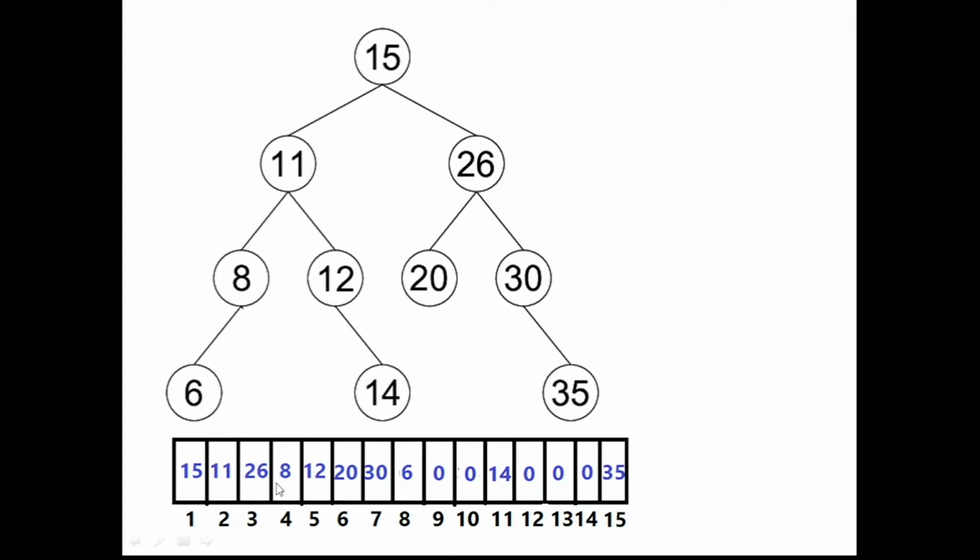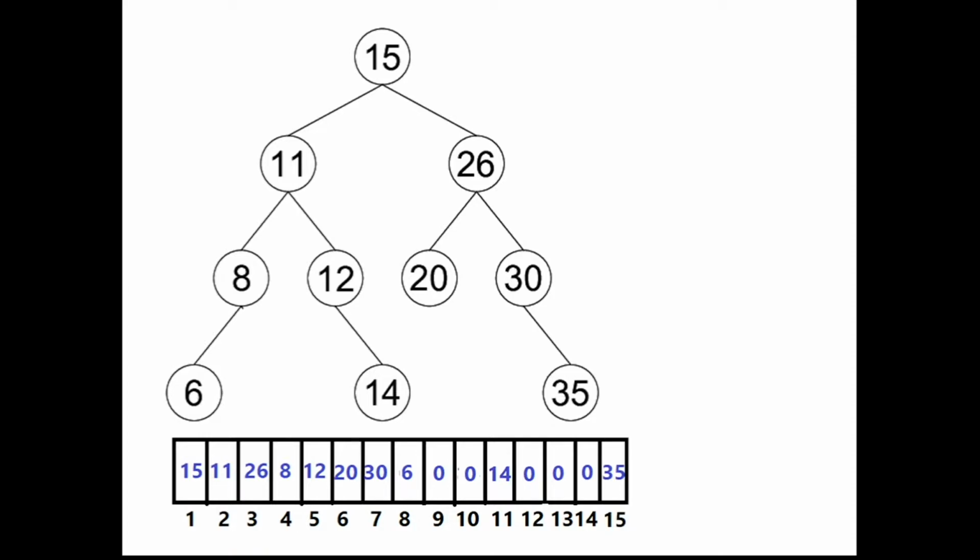So how can I relate these two? How can I say that the parent which is at index 4 is having its left child at index 8 and it does not have a right child? That is where we have to identify some kind of a formula so that we can simplify the algorithm.